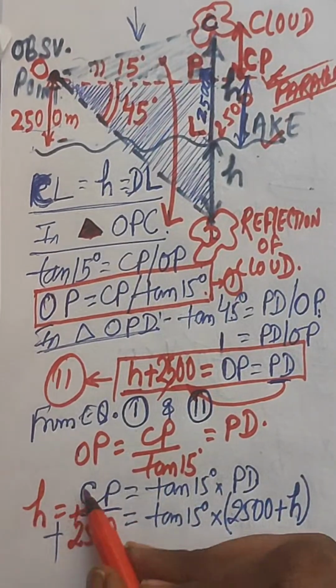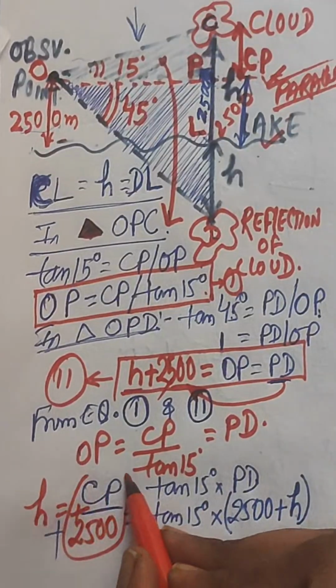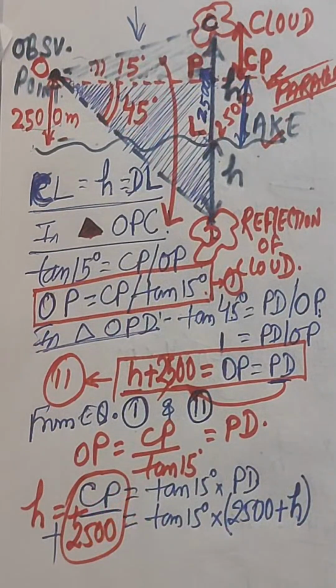CP plus 2500 is nothing but the height of cloud from the level of lake.